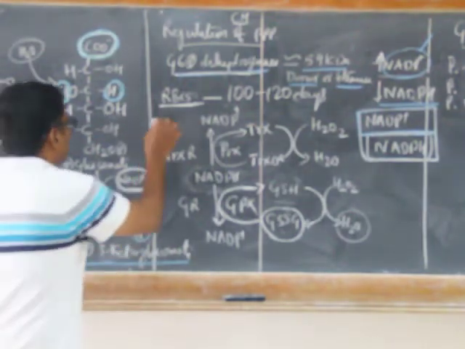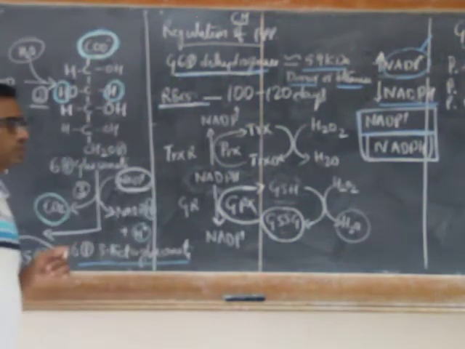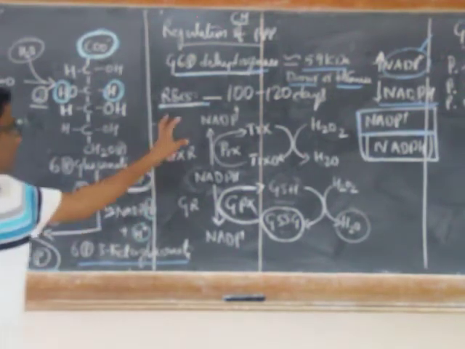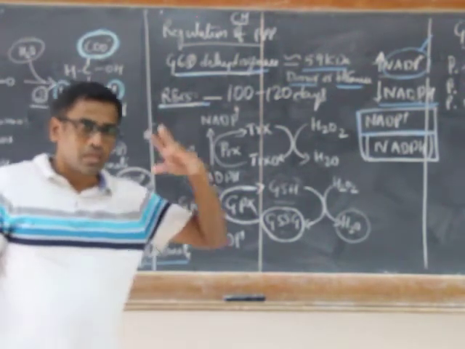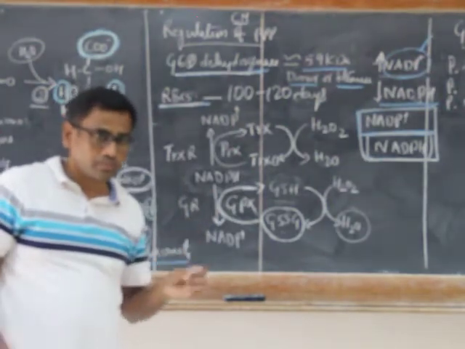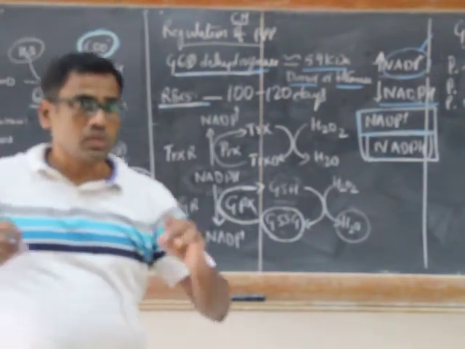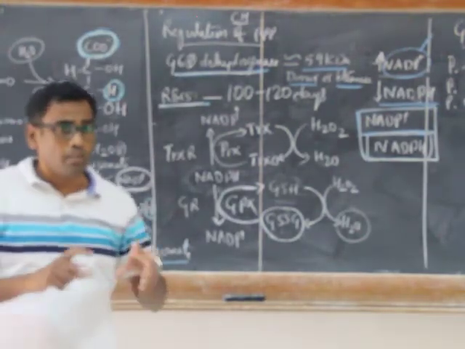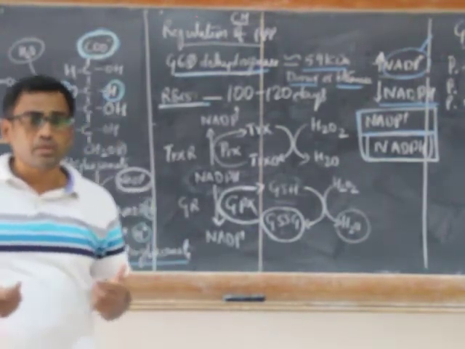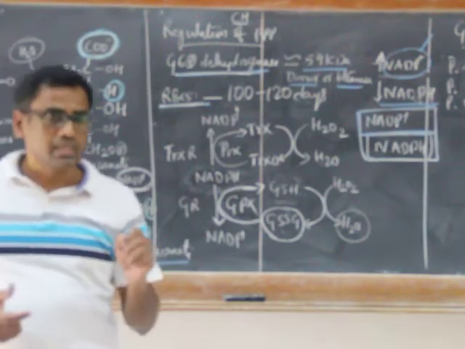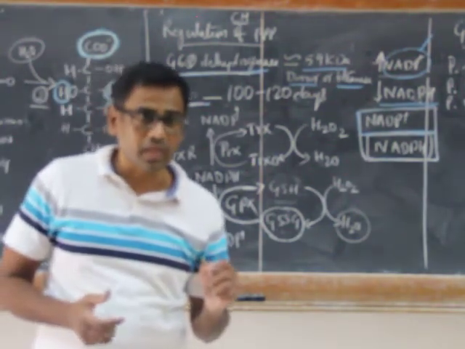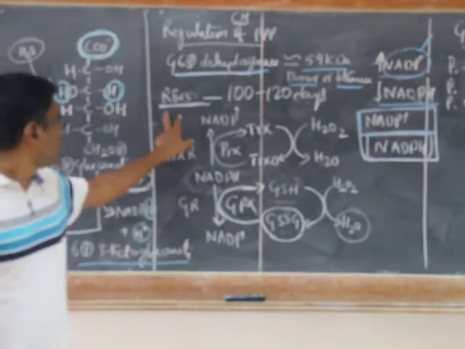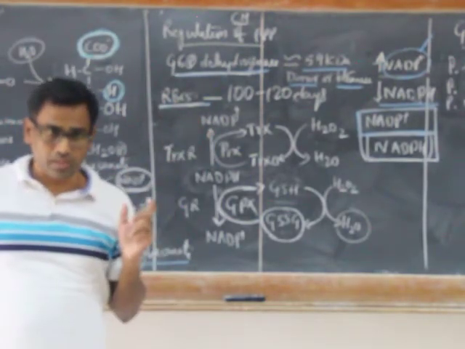So I want to stress some important aspects on glucose 6-phosphate dehydrogenase in RBCs. Remember, in my first video, I mentioned the role of NADPH that plays very important role in maintaining the reductive environment in some of the cells that are highly exposed to reactive oxygen species, including RBCs and phagocytes.